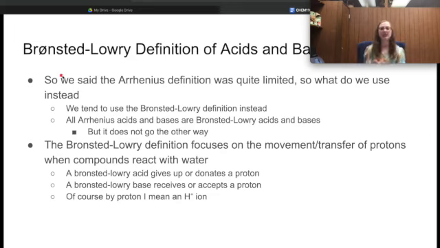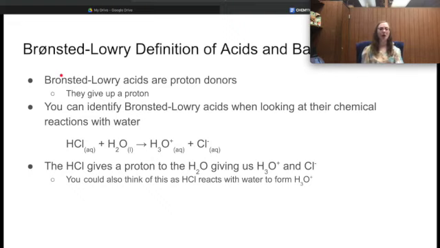So a Bronsted-Lowry acid gives up, or donates, a proton, and a Bronsted-Lowry base receives, or accepts, a proton. By proton, of course, I mean that H plus ion that we talked about in the first video. So Bronsted-Lowry acids and bases are passing these H plus ions, or protons, between them. Bronsted-Lowry acids are proton donors, meaning that they give up a proton.